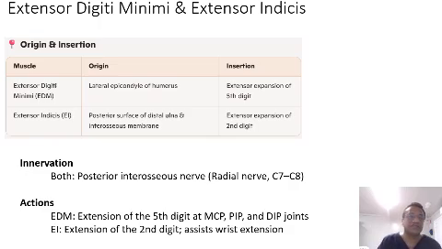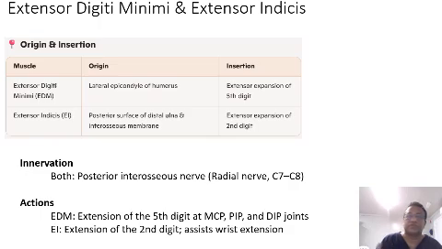Extensor digiti minimi originates from the lateral epicondyle of the humerus, meaning the common extensor origin, and it inserts into the extensor expansion of the fifth digit. Extensor indicis originates from the posterior surface of the distal ulna and adjacent interosseous membrane, and inserts into the extensor expansion of the index finger.